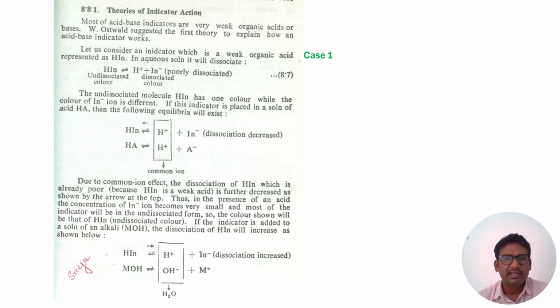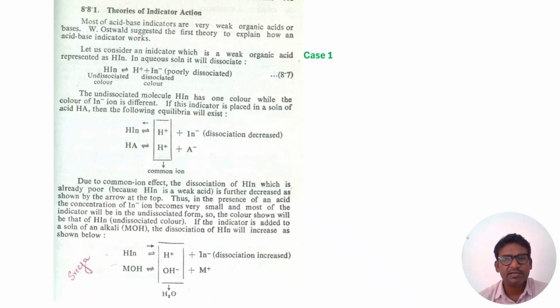This HIn, which is in the undissociated form, has one color, whereas upon dissociation it produces H+ ion plus In- ion. This is the dissociated form, and it renders a different color. Meaning that the undissociated form shows a different color while the dissociated form shows another color. So that is the basic aspect of an indicator.